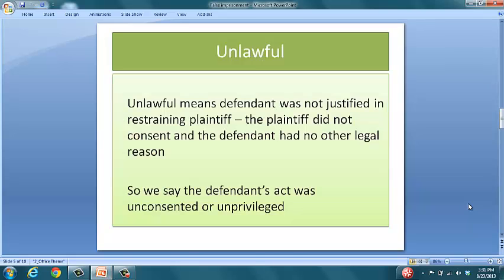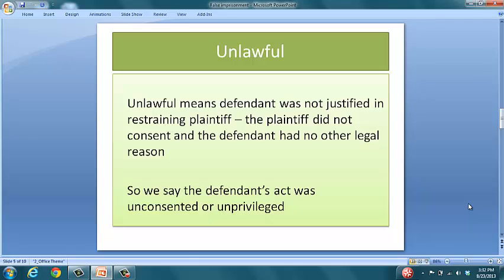The second element is that defendant's conduct be unlawful. In this context, unlawful means unconsented or unprivileged. We'll talk about privileges in more detail later, but for now, you should recognize that a plaintiff who agrees to be restrained has consented and therefore cannot bring the claim.